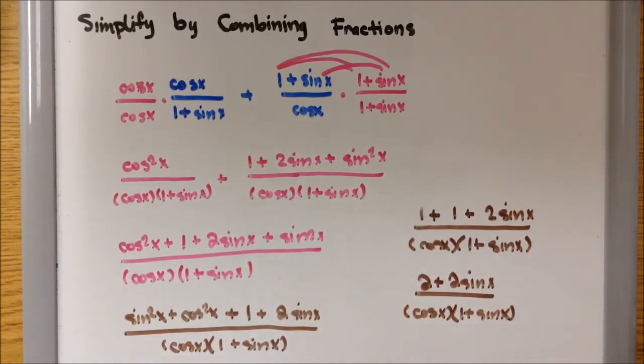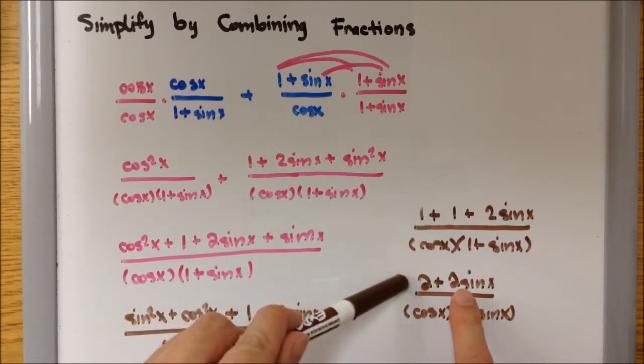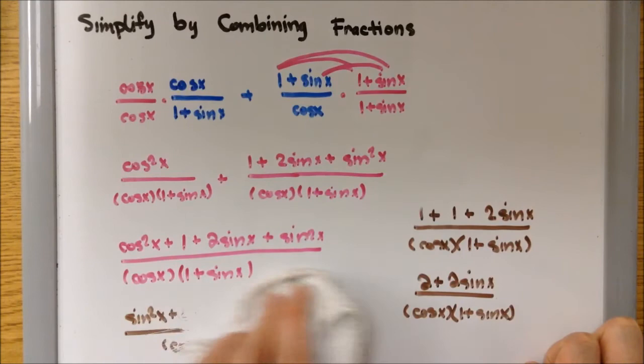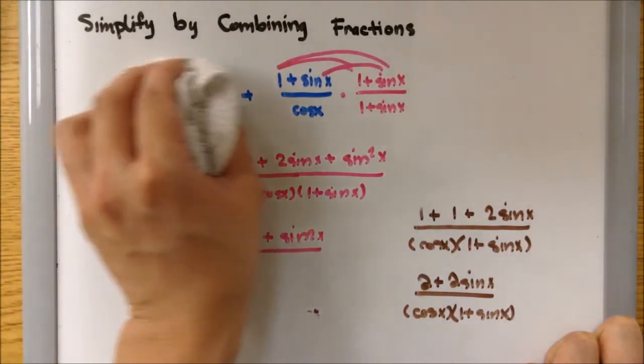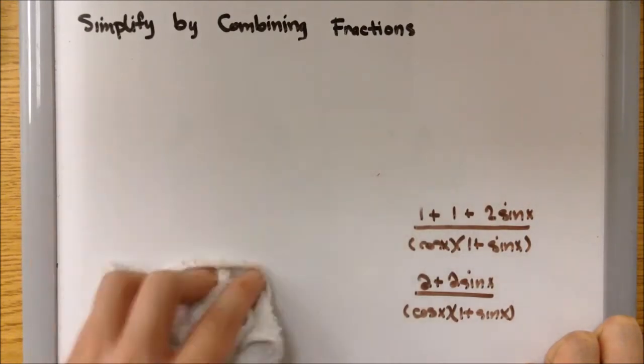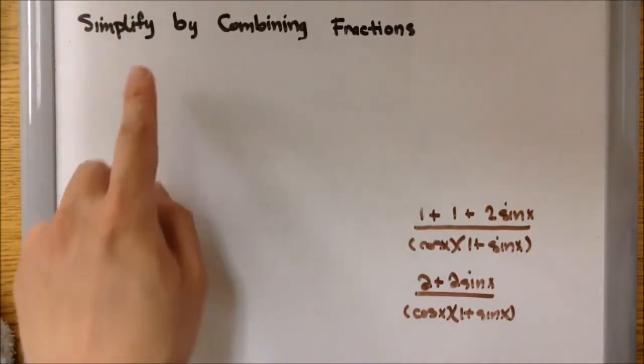Alright, here I notice that there is a 2 in common, so what I'm going to do is factor out that 2. So I'm going to make more room. Alright, so I'm going to write this over here.